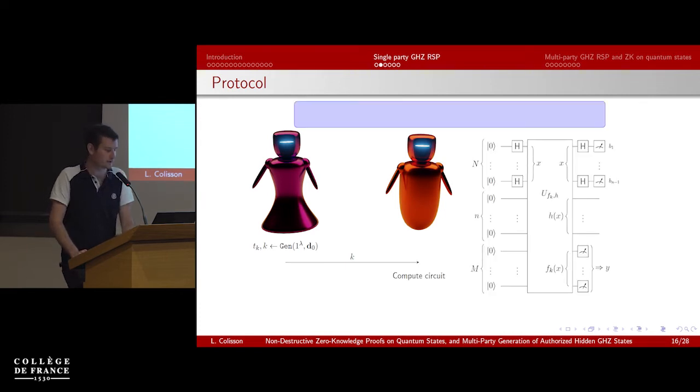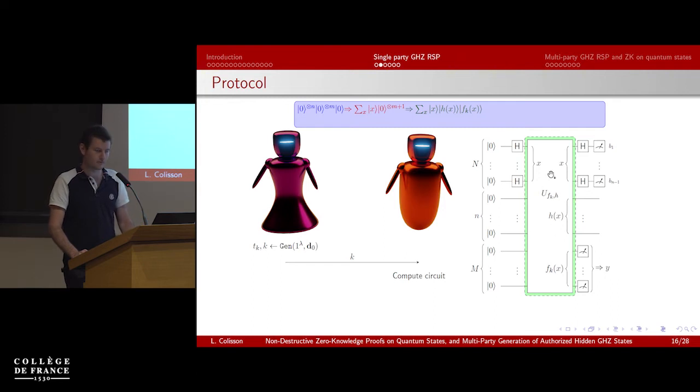Bob will compute this circuit. This register will be the input of the computation, and the next 2 registers will be the output of your unitary. First, you create, for example using some Hadamard gates, a uniform superposition on all the inputs of our function. Then we apply this function in superposition.